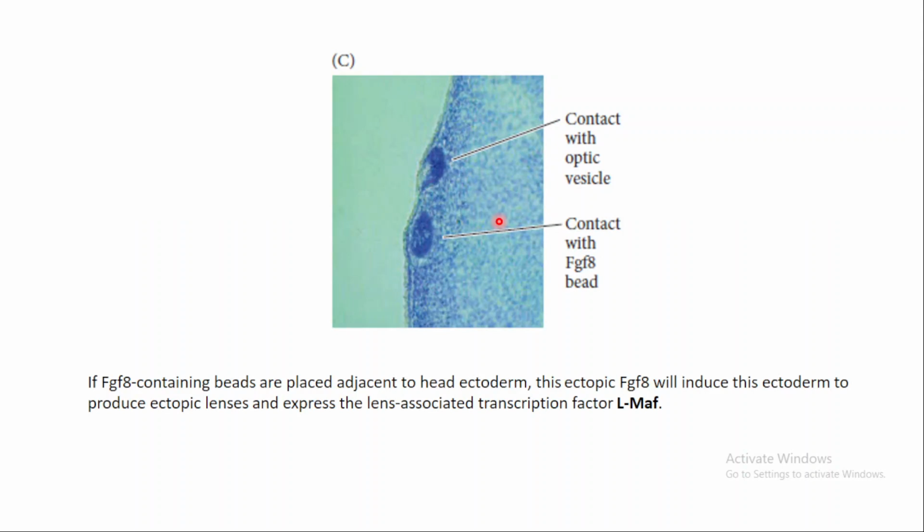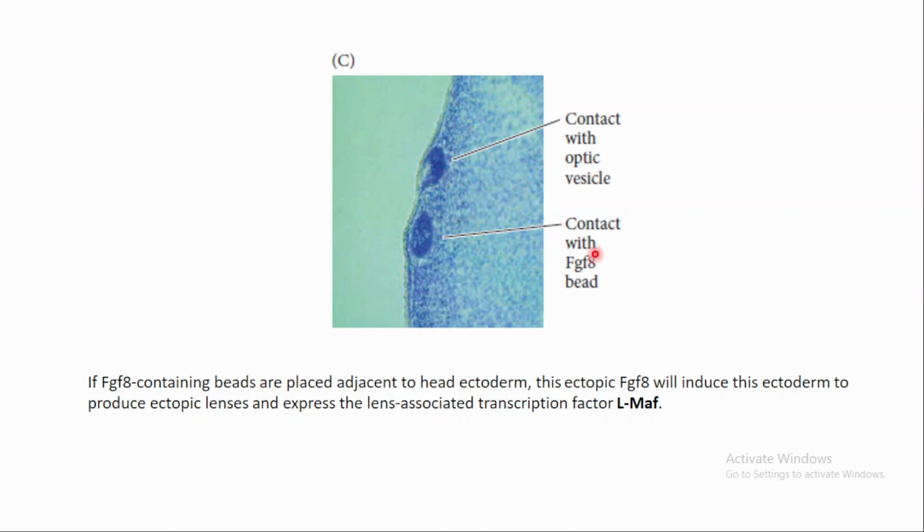Let us just discuss one by one. FGF8 containing beads are placed adjacent to head ectoderm. This ectopic FGF8 will induce this ectoderm to produce ectopic lenses, expressing the lens associated transcription factor L-Maf. So here we see contact with the optic vesicle. This is the natural one.